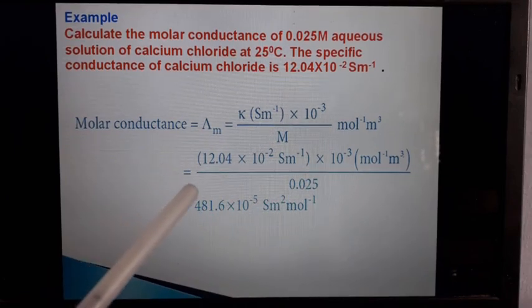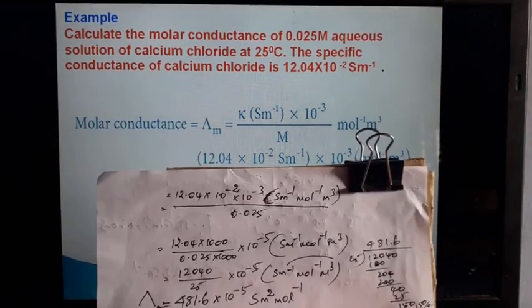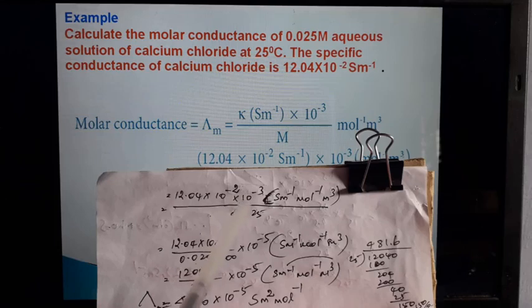The details of the calculation I will write separately: 12.04 into 10 to the power of minus 2 into 10 to the power of minus 3 divided by 0.025. The unit I will write separately: S meter per mole per meter cube.